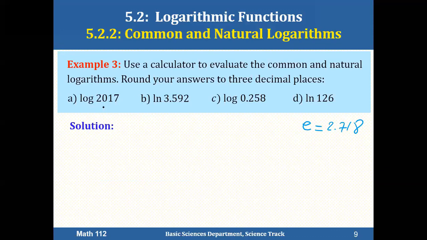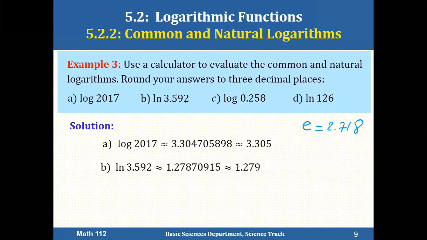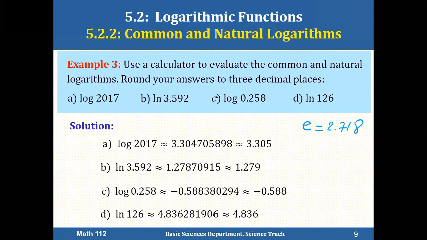So log 2017, how much is this? 3.305. Now 3.592. 1.279. So we can compute any log using the calculator directly.